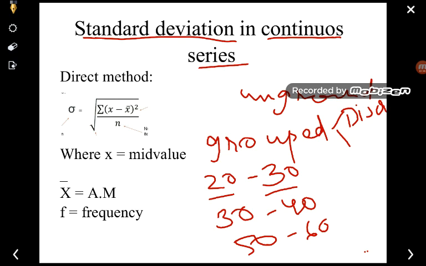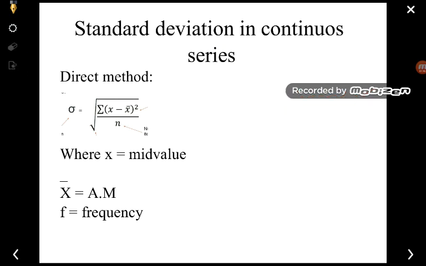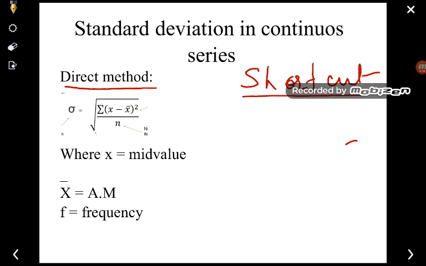We can calculate it by two methods: the direct method and the shortcut method. We have already discussed the shortcut method and its formula. Here the formula of the shortcut method is a little bit different, with a certain addition.